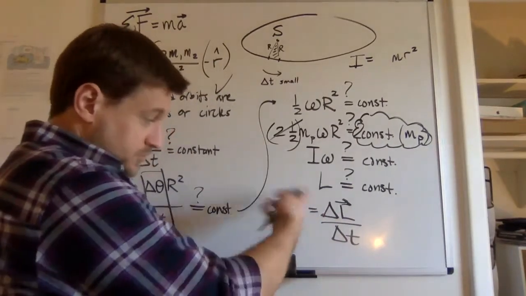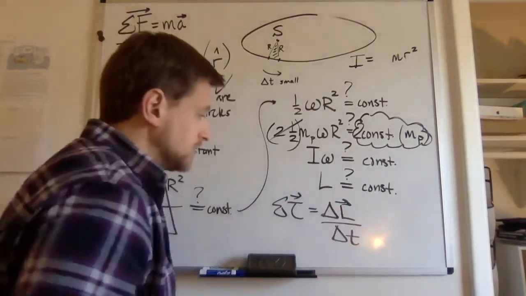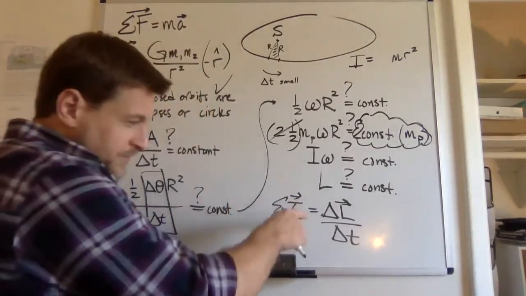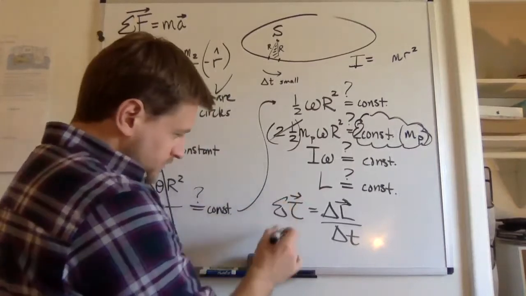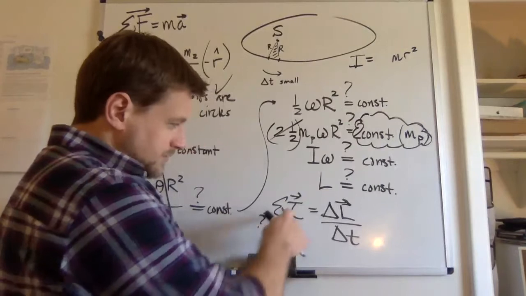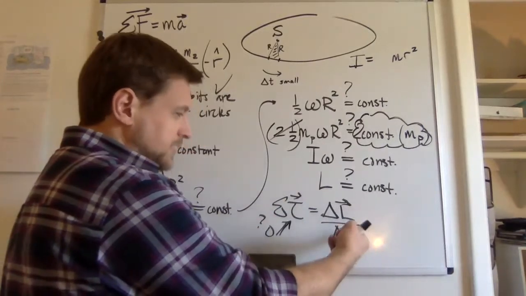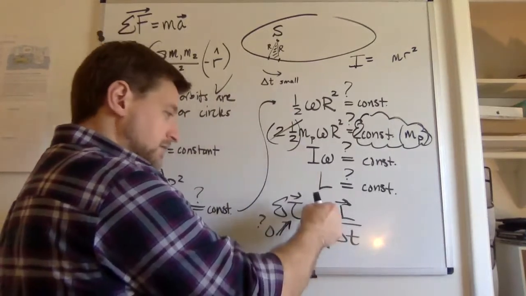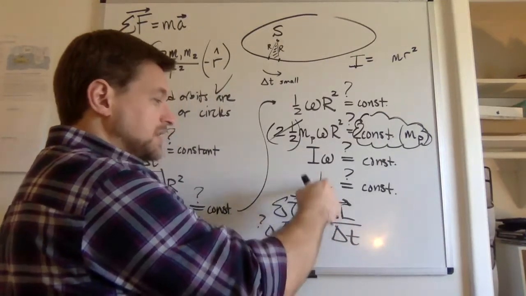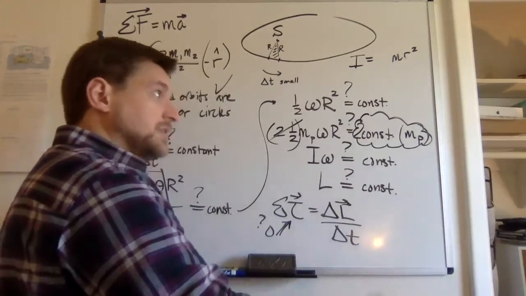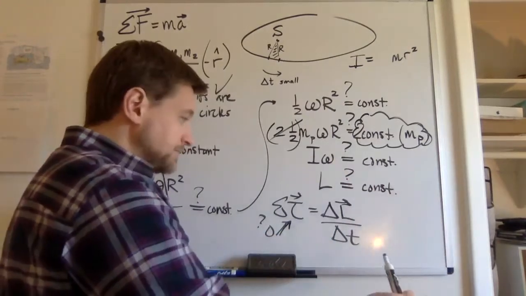So the sum of the torques is the rate of change of the angular momentum. If we can show that this side is 0, then the right-hand side is 0, and since we know that some amount of time is going by, the numerator would have to be 0, which means delta L would be 0, which means L couldn't change because final minus initial has to be 0.